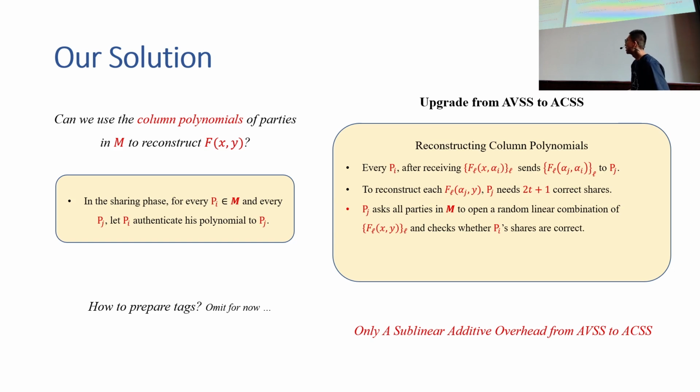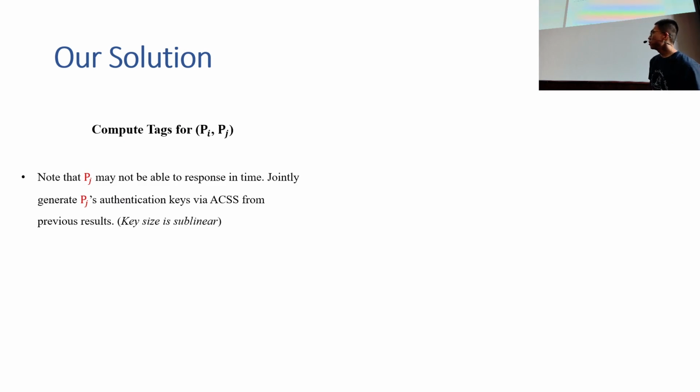Okay, so in this way, we can upgrade from AVSS to ACSS, such that the additional communication cost is just sublinear. Now the remaining question is to compute the authentication tag. The first issue is that to make our idea work, we need PI to authenticate his column polynomial to every other party. But as I mentioned, in the asynchronous setting, you cannot hope every party responds.